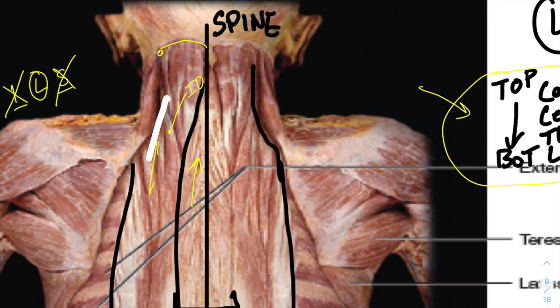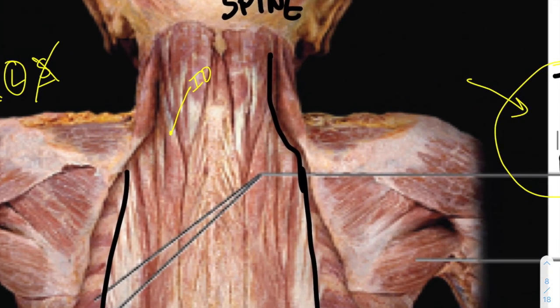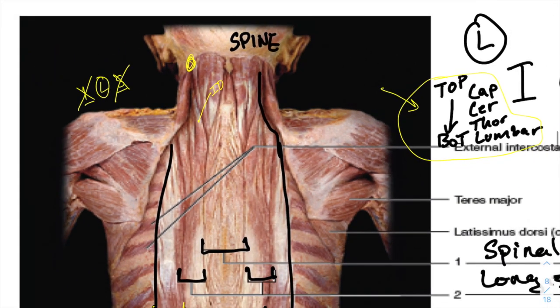Let me remove all my shady drawings. You can see that it's going way deep. We can't see that attachment, but it's likely going to the head. It's going to be attaching up here. So that way you can say that this muscle, if you had to ID it, is going to be the longissimus capitis. I hope that made things a little bit clear.